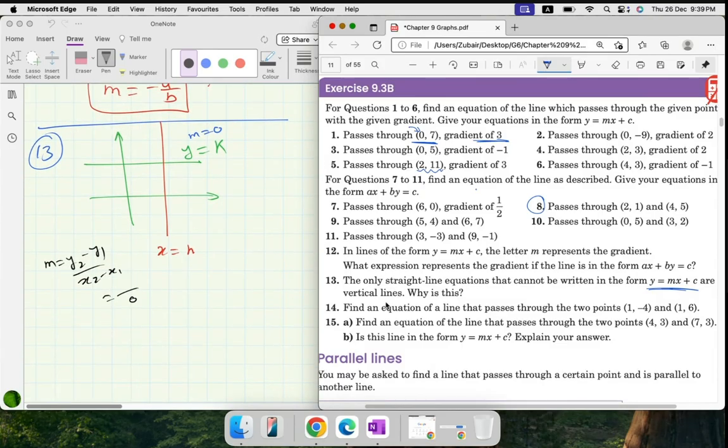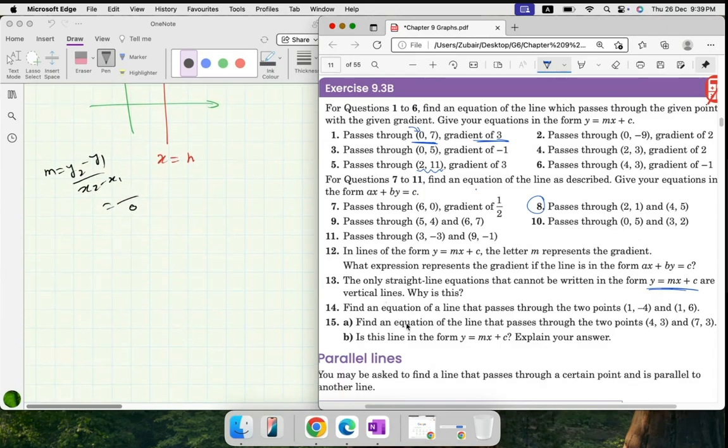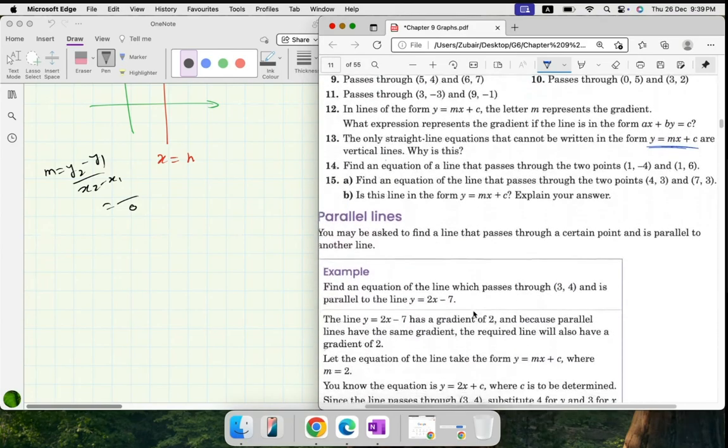Number 14 says find an equation of line that passes through the 2 points. This is exactly same as we've been doing 7 to 11. No, this is different. x is same in both of them.